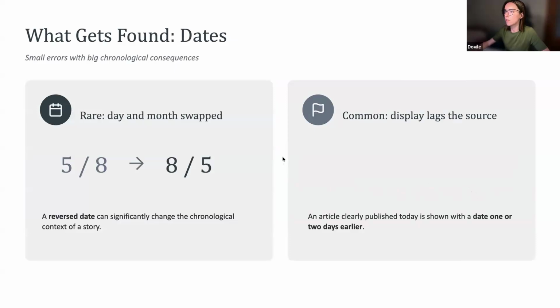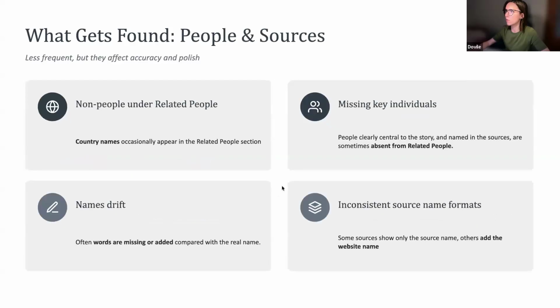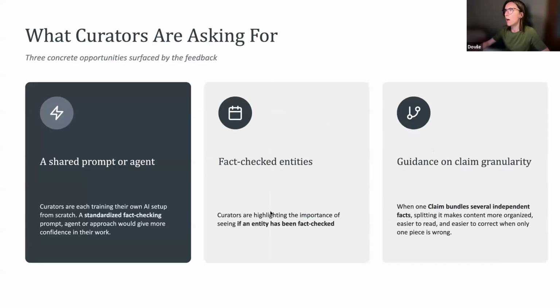When we get to dates, people are noticing that we have some issues with reversing dates, which then impact chronological context, and that there is some lag in setting the dates for news stories. When it comes to people and sources, people find that country names are sometimes noted as related people, there are related individuals missing in the relationships, or that there are name drifts, or source formatting is incorrect.